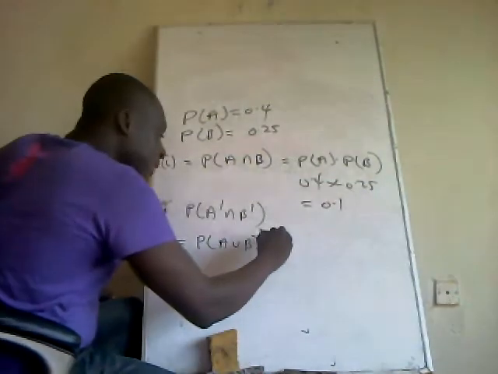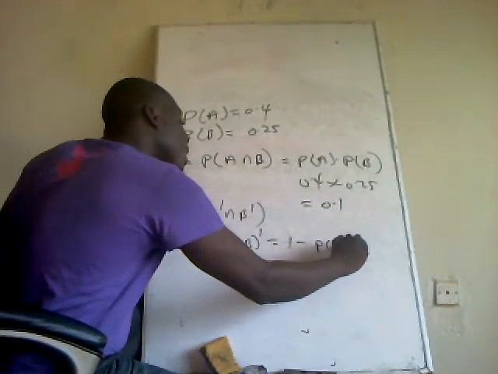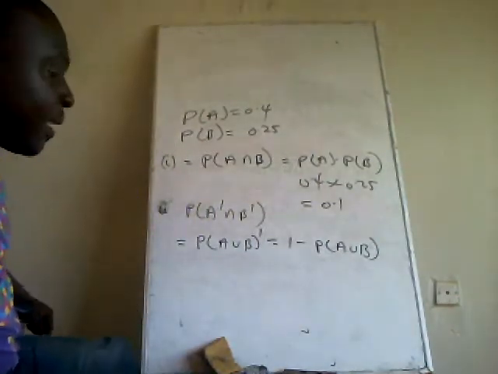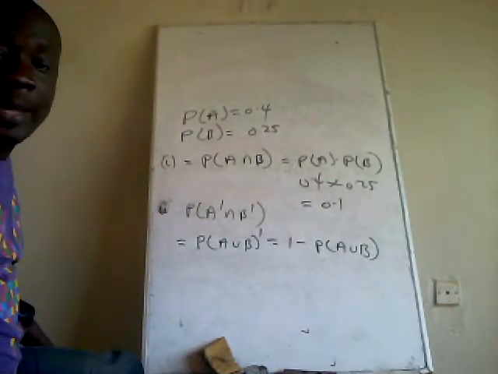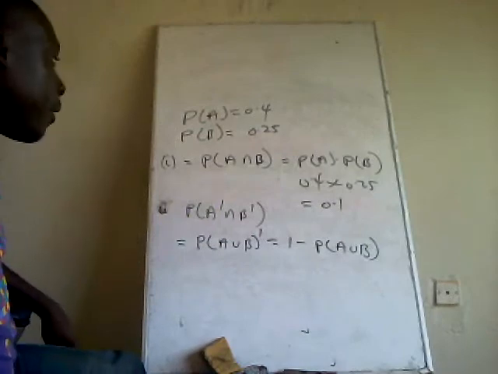Right? Which is also equal to 1 minus P of A union B. So you must first go and find A union B.